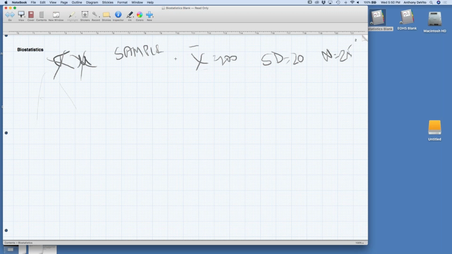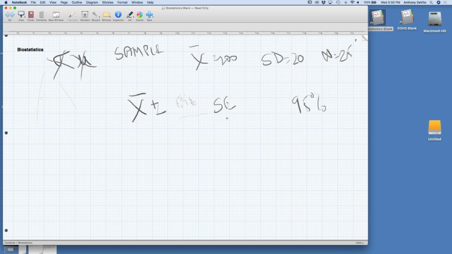So now we've added uncertainty. Not only are we uncertain about the mean, how close it is to the true population mean, but since we don't know sigma, we've added an extra level of uncertainty. So we have to deal with that. The way we deal with that is when we calculate our confidence interval, x bar plus or minus 1.96 times the standard error will be our 95% confidence interval.